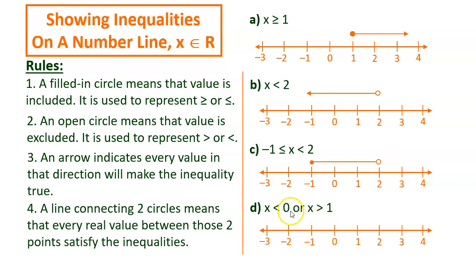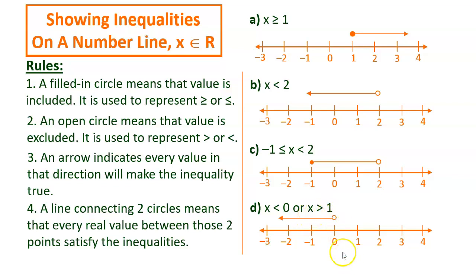So this is the number line, and first of all we come to x is less than 0. Since it is less than 0, we will have an open circle on top of the number 0, with the arrow pointing towards the left.